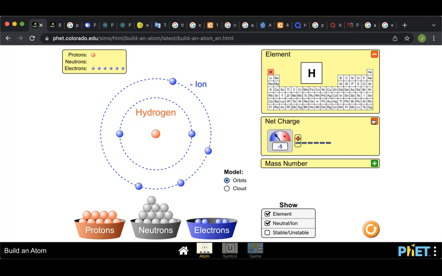Look at this, the net charge is -5. It's -5 because this ball compensates with this orange ball, and then we have 1, 2, 3, 4, 5. So the net charge is going to be -5.